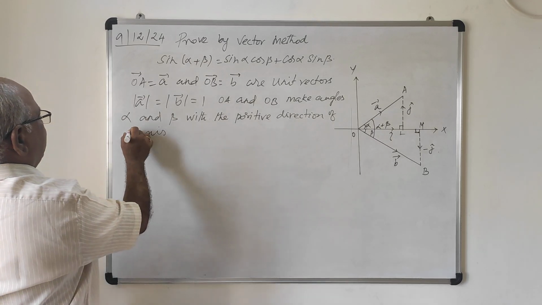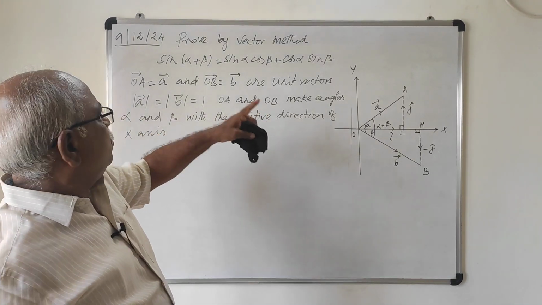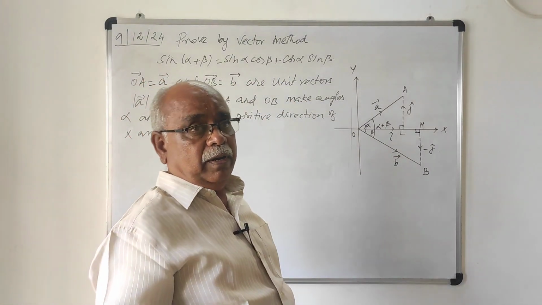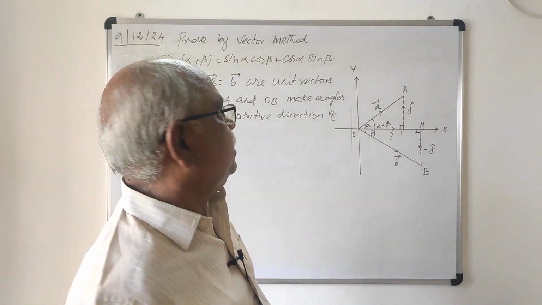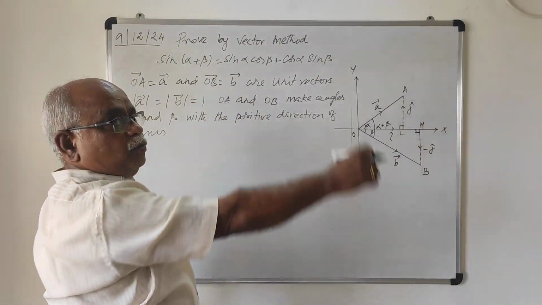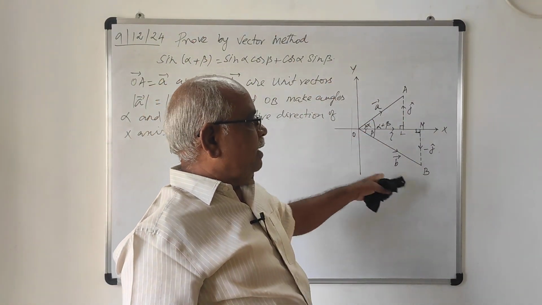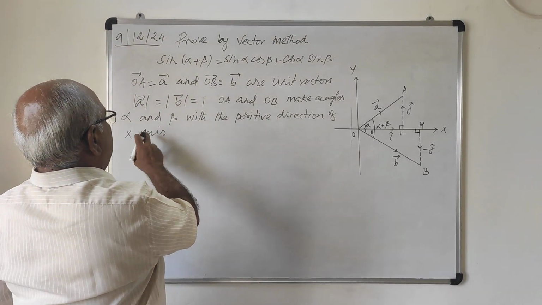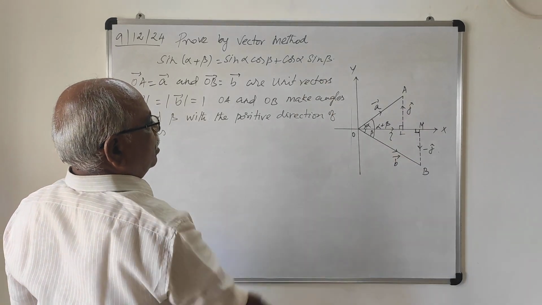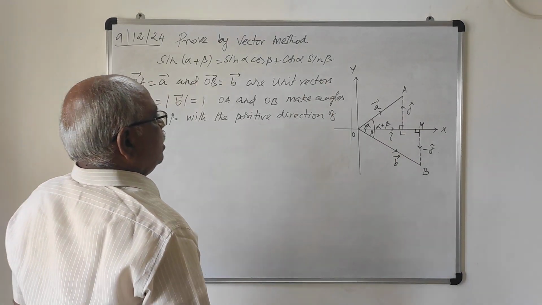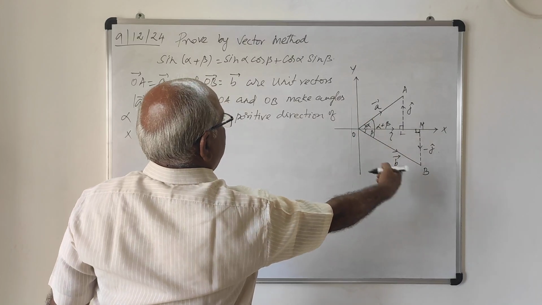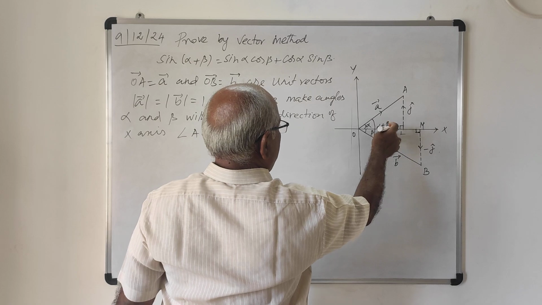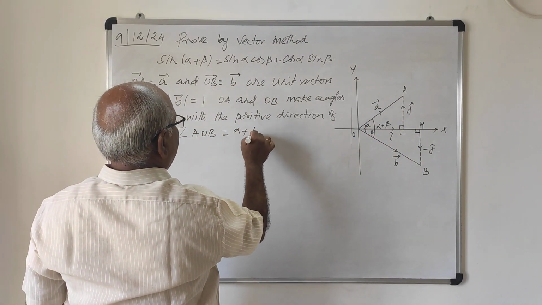This is the same as we derived in the case of cos alpha plus beta equal to cos alpha cos beta minus sin alpha sin beta. In the previous case of dot product, we derived that result using the same diagram. The same idea: OA and OB make angles alpha and beta with the positive direction of x-axis. What is angle AOB? This is alpha, this is beta, so AOB is alpha plus beta.